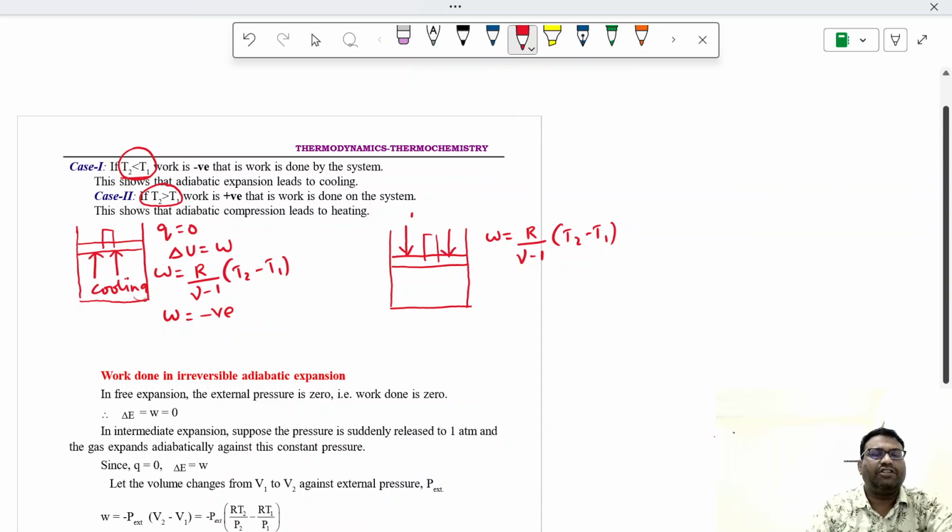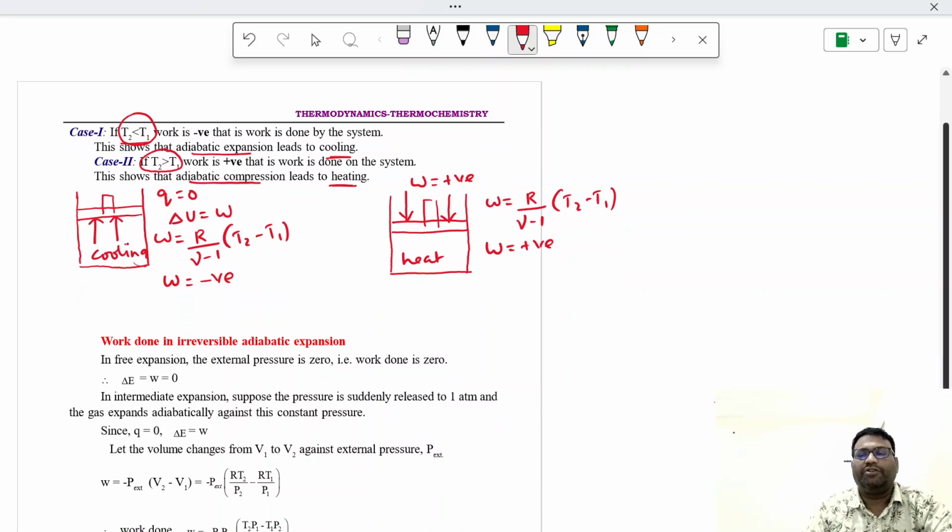So we are getting positive work. T2 greater than T1 represents that final temperature is more than initial temperature. That means the system gets heated up. So adiabatic compression leads to heating. Adiabatic expansion leads to cooling. Understood?